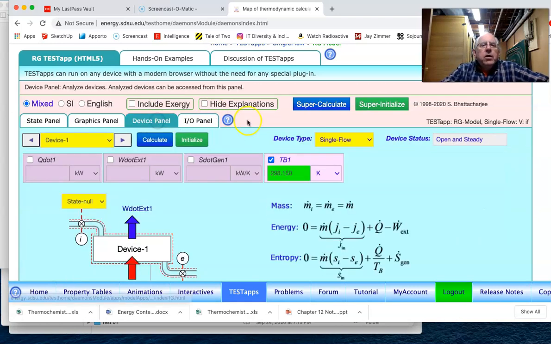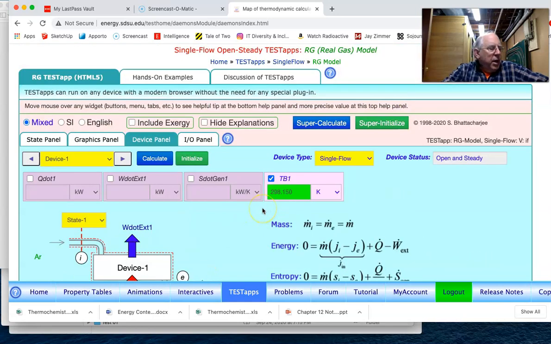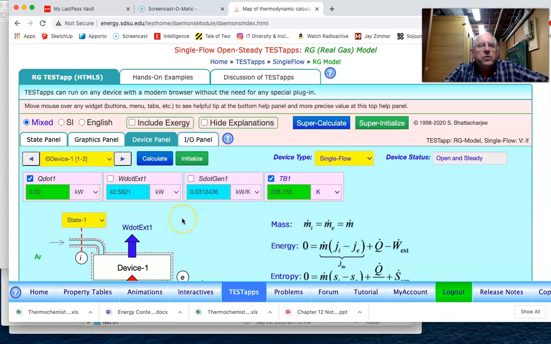And so we then go to our device panel. We have our incoming and our outgoing state. The problem said that it was entering the turbine at steady state, expanding adiabatically, and so that implies that there is no heat transfer.